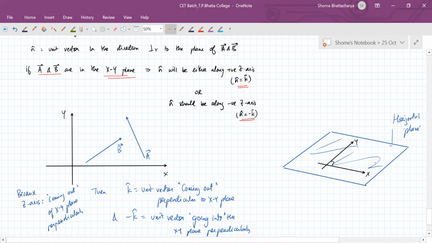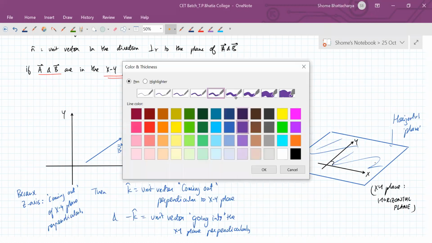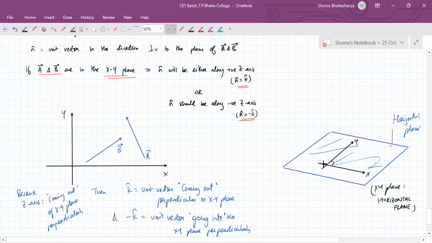So our xy plane is a horizontal plane as shown. Okay. Then the z axis in this diagram will become which one? It will become the vertical. Z axis will become like this.